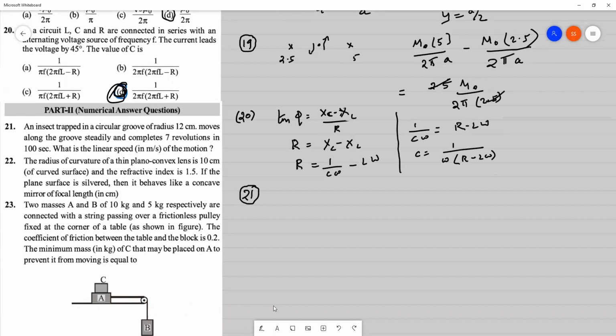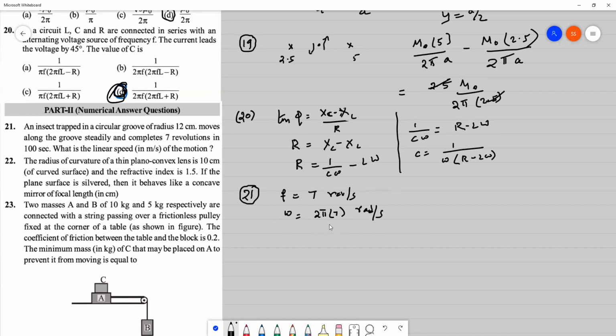If you want to convert that into radians per second, omega will be equal to 2 pi into 7, 2 pi times frequency, radian per second.